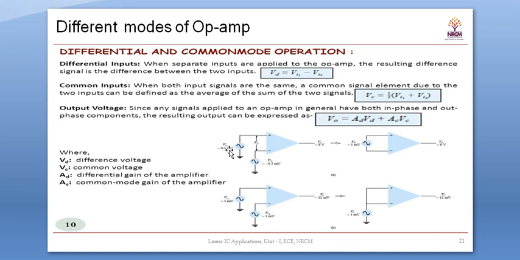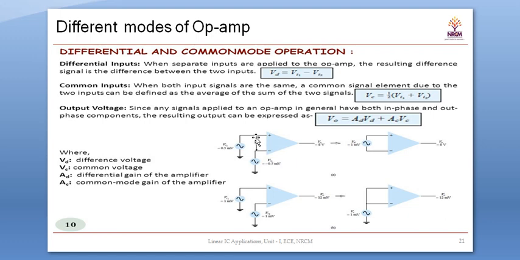If V1 is applied to the non-inverting input terminal and V2 is applied to the inverting input terminal, then the non-inverting terminal voltage minus the inverting terminal voltage is taken as the differential voltage. You are not going to take the inverting terminal voltage minus the non-inverting terminal voltage. Always keep in mind that the differential input voltage is the non-inverting terminal voltage minus the inverting terminal voltage.